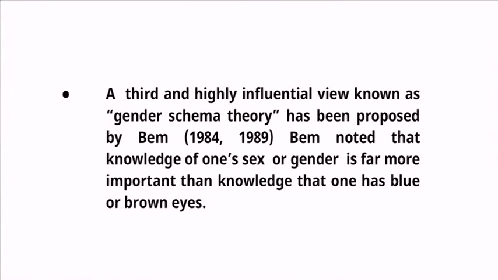Bem noted that knowledge of one's sex or gender is far more important than knowledge that one has blue or brown eyes. Bem says that brown or blue eyes are because of your heredity. That is not important, but gender schema theory means we are from this sex or that sex. This is known as Bem's gender schema theory.